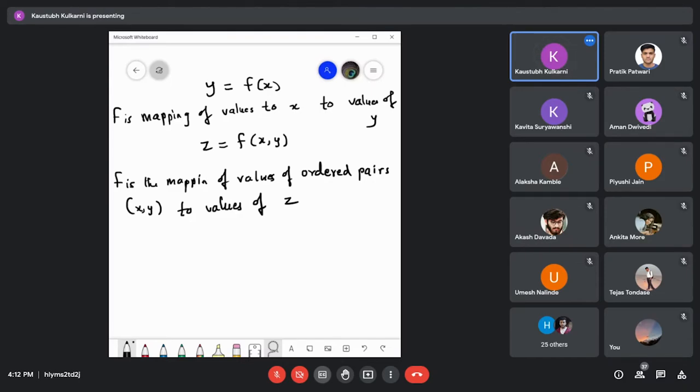For example, f(x, y) now has two variables. All of you know the equation of a circle, right? So let's say z is equal to f(x, y), which is equal to x square plus y square.